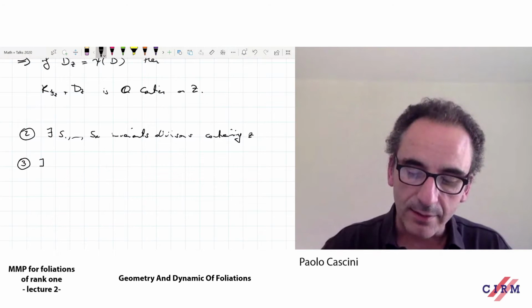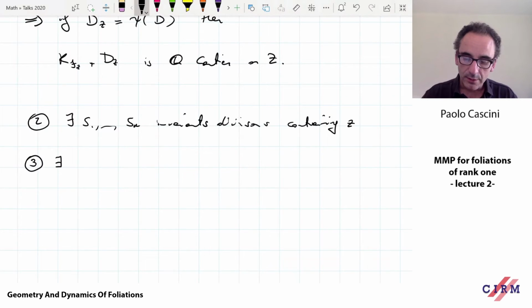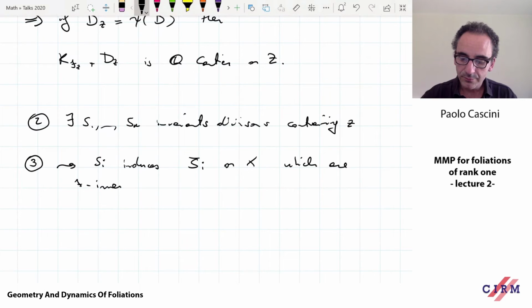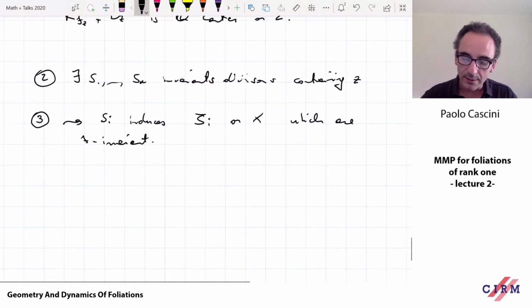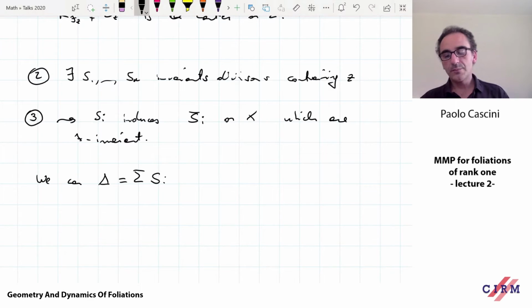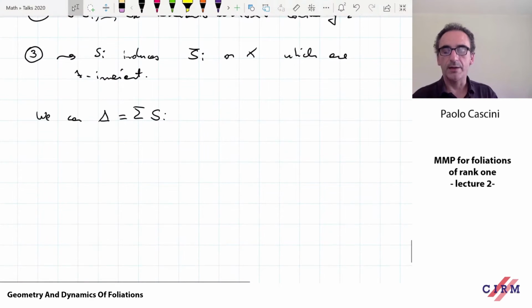So let me just write that this induces some divisors S bar i, which are on X, sorry, which are F invariant. And somehow we can define delta to be the sum of these S_i. Actually, 2 will be enough. 2 of them will be enough.